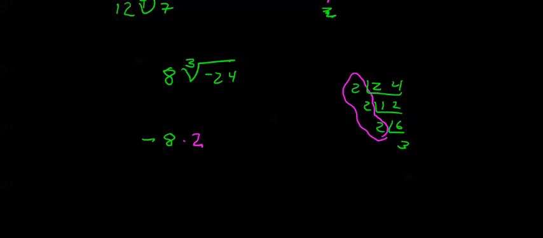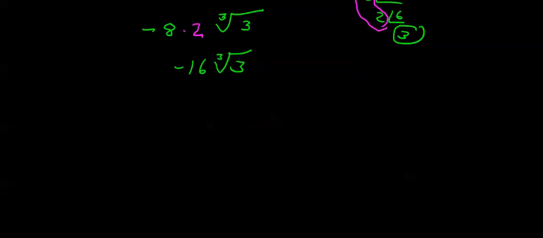And then to end up with, I have my radical, cube root, and this guy was all by himself. He goes inside, negative 2 cube root of 3. All right, that is it as far as simplifying radicals with numbers.